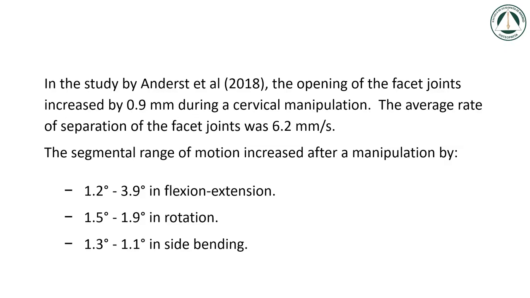Global head range of motion, relative to the torso, increased after manipulation by 8 degrees in side bending, 10 degrees in rotation, and 13 degrees in flexion extension. The results demonstrate that target and adjacent motion segments undergo facet joint gapping during manipulation, and that intervertebral range of motion is increased in all three planes of motion after manipulation.